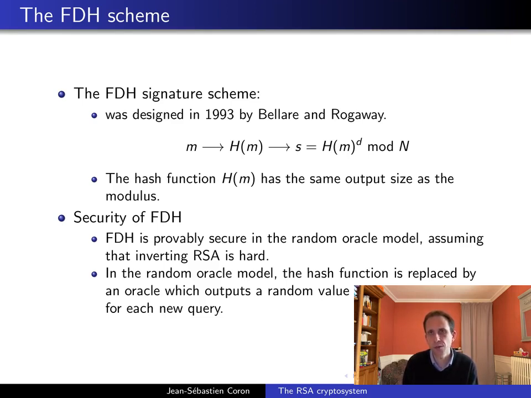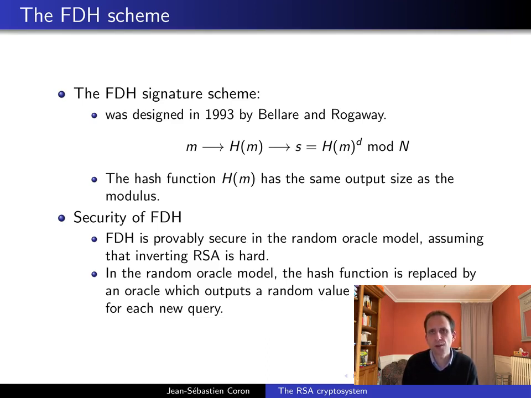So if the modulus has 1024 bits, then the hash function must have 1024 bits. As we will see, we can show that full domain hash is a provably secure signature scheme in the random oracle model, assuming that inverting RSA is hard. This means that if we assume that inverting RSA is a hard problem, then there is no efficient attack against full domain hash.